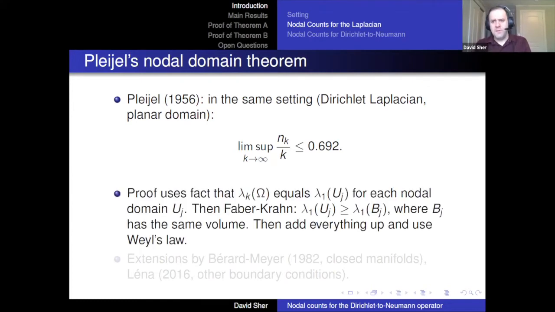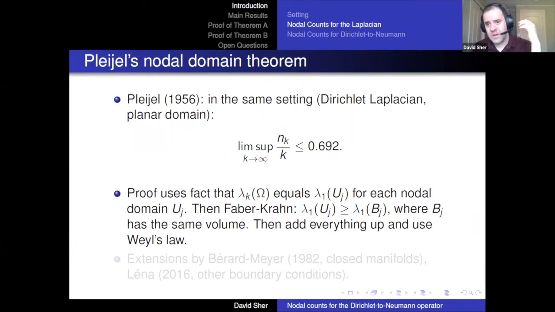The proof of Pleijel's theorem is just a little bit different. It still looks at the restrictions to nodal domains, but the idea is that the kth eigenvalue on the whole thing is the first eigenvalue on each nodal domain. And then uses Faber-Krahn, so the first eigenvalue of each nodal domain is greater than or equal to the first eigenvalue of the ball of the same volume. And if you add everything up and use Weyl's law, this falls out.